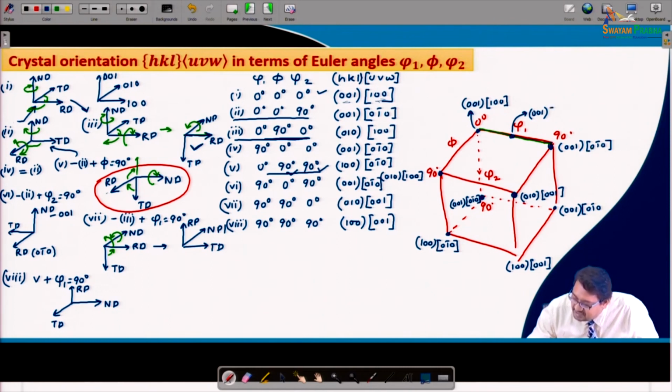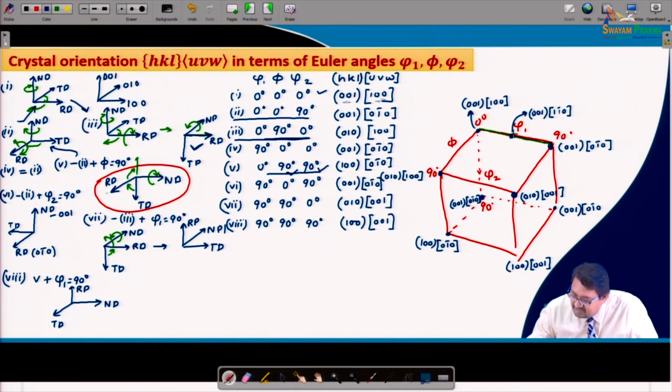So, the rolling direction, if we add 1 0 0 and 0 1 bar 0, it becomes 1 1 bar 0, right. So, you see that we could trace the Euler angle for which the Miller indices is this one, and the Euler angle basically of this position is 45, 0 and 0 degree, right, phi 1 phi phi 2.